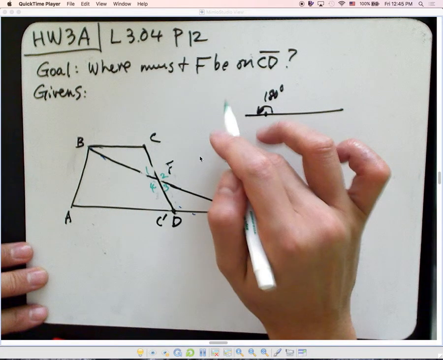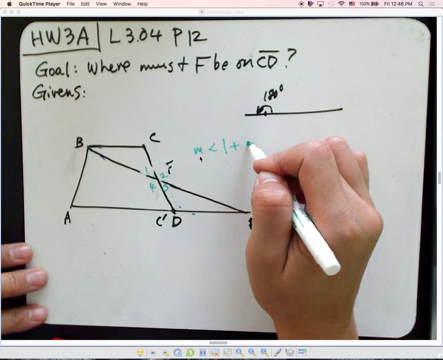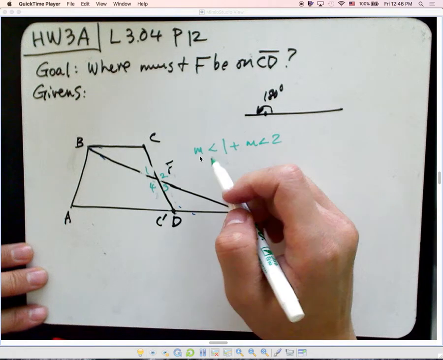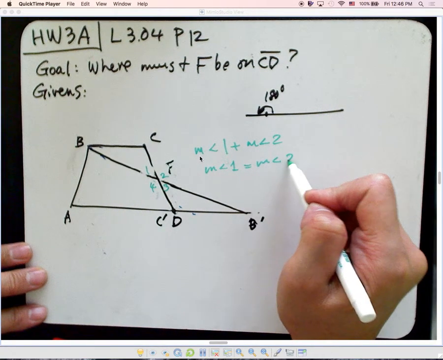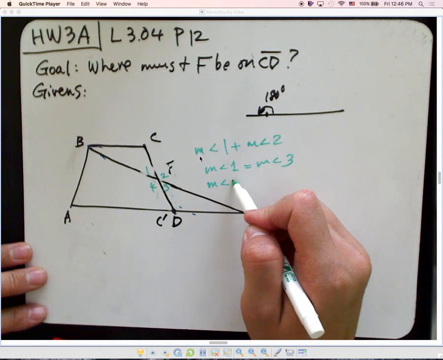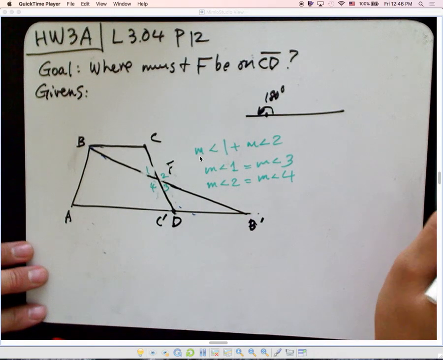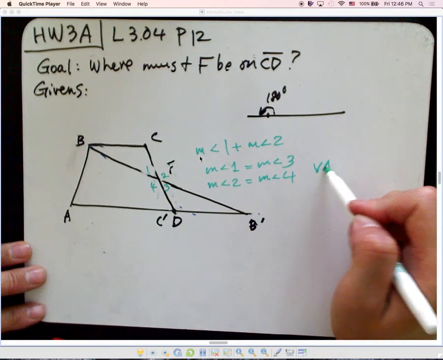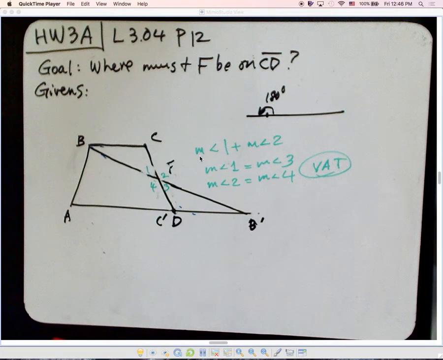What can you say about measurement angle 1 plus measurement angle 2? We know measurement angle 1 is equal to measurement angle 3 by the vertical angles theorem. Likewise, we know measurement angle 2 is equal to measurement angle 4 by the vertical angle theorem, right? How can we use that to prove that B prime is a straight line?